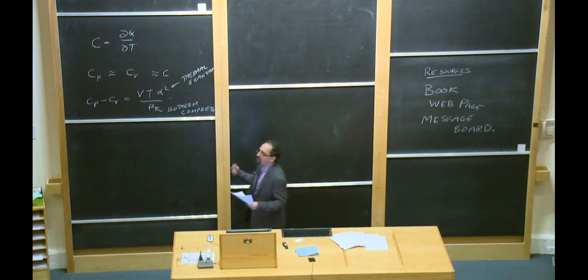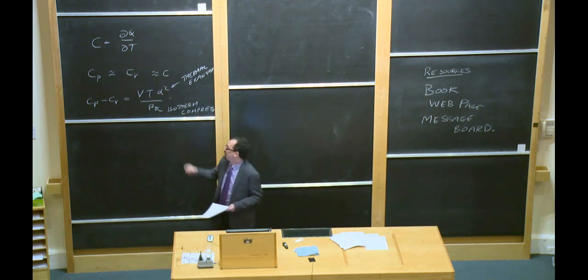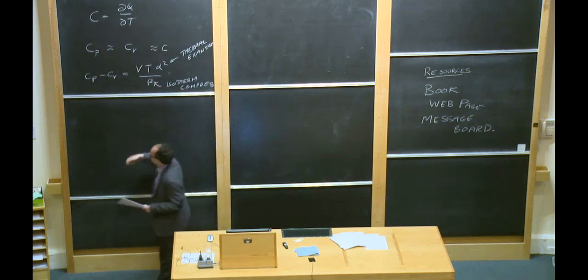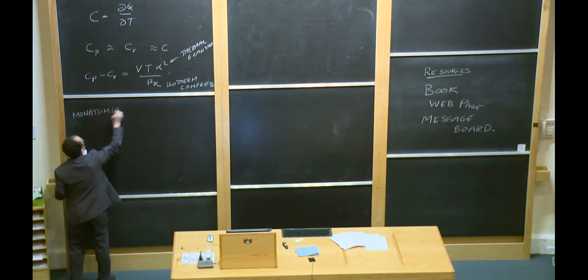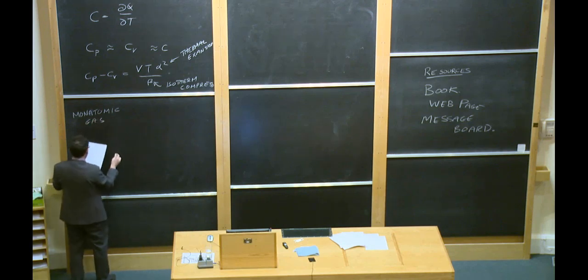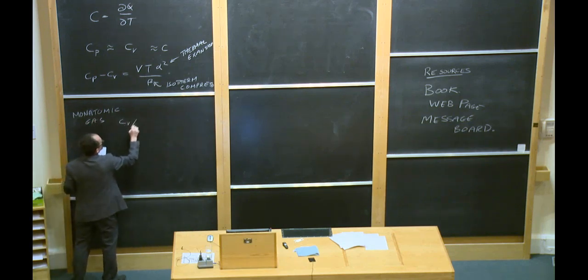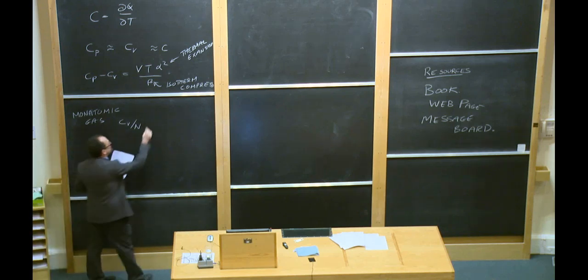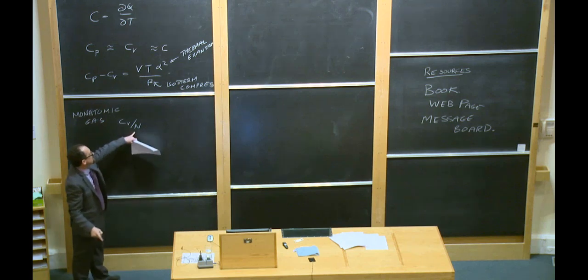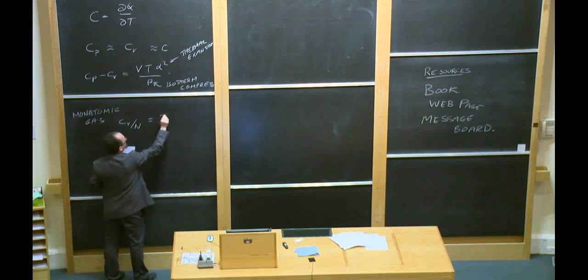So let's remind ourselves of a couple things that we learned about heat capacity last year. Let's go back to gases now, since I mentioned one. For a monatomic gas, you learned last year that Cv over n, and here, since I'm talking about a gas, I have to specify Cv because it's different from Cp. Cv over n, the heat capacity per atom, was 3/2 kB.